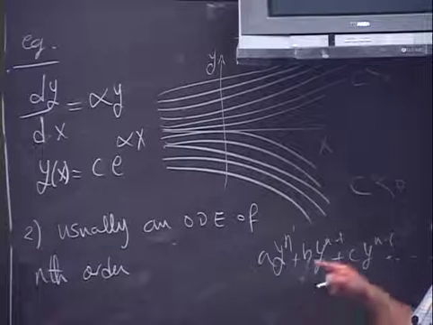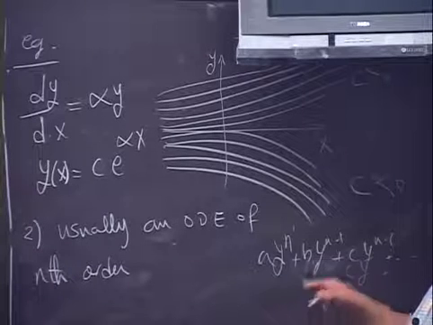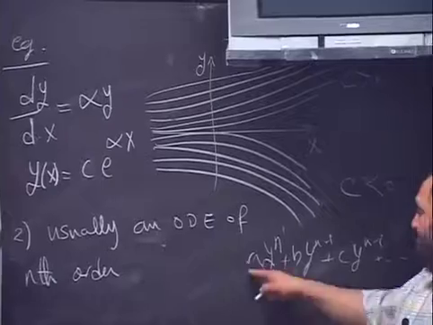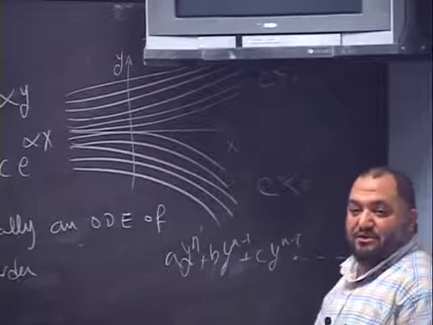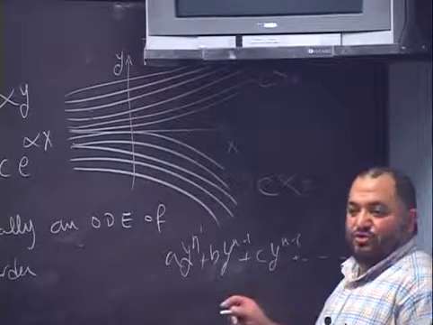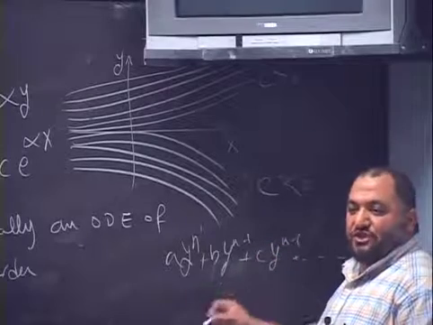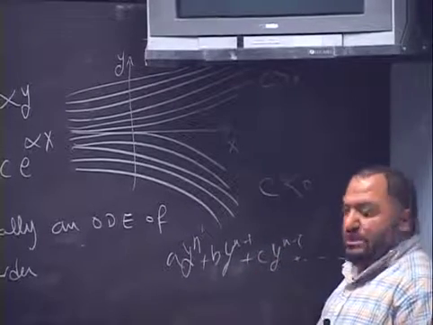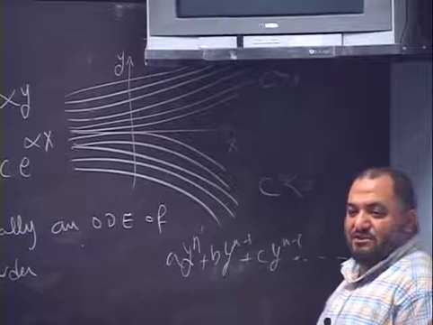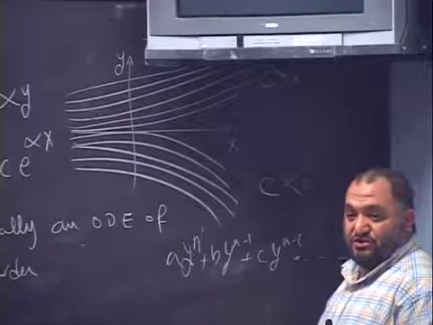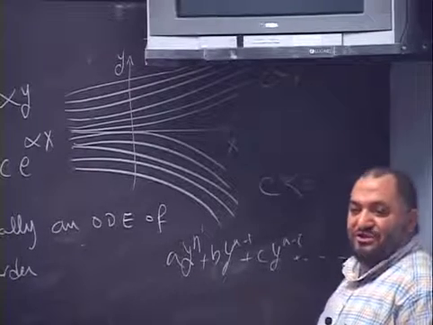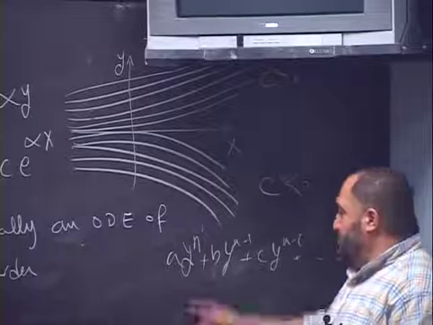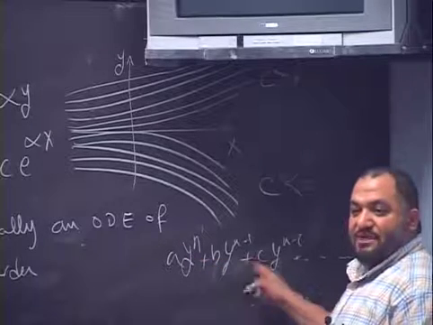So this is an nth order linear differential equation, and if a, b, c are constants, we call it an nth order linear differential equation with constant coefficients. If a, b, c are not constants and are functions of the independent variable x, they will be a of x, b of x, c of x, d of x.